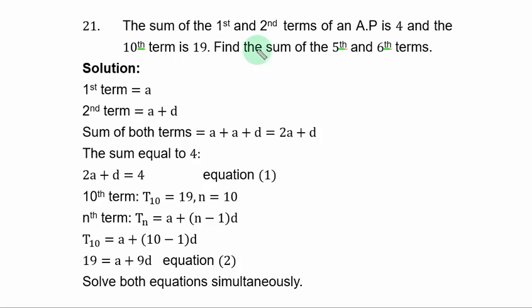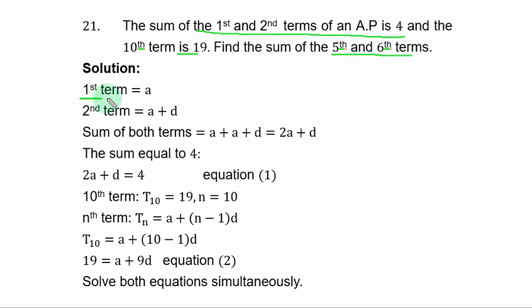Example 21. The sum of the first and second terms of an AP is 4 and the 10th term is 19. Find the sum of the 5th and 6th terms. Solution.